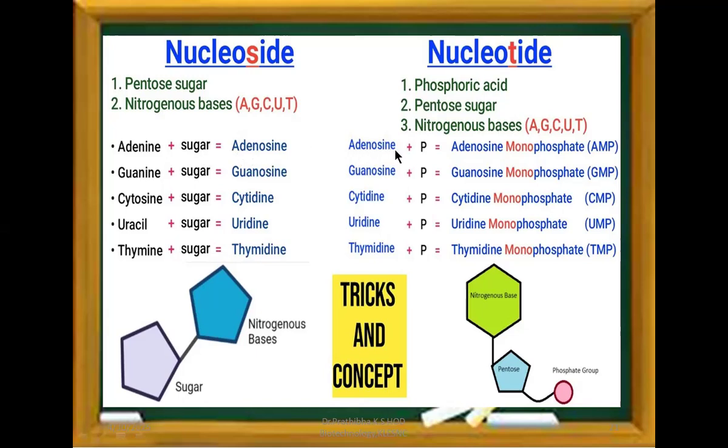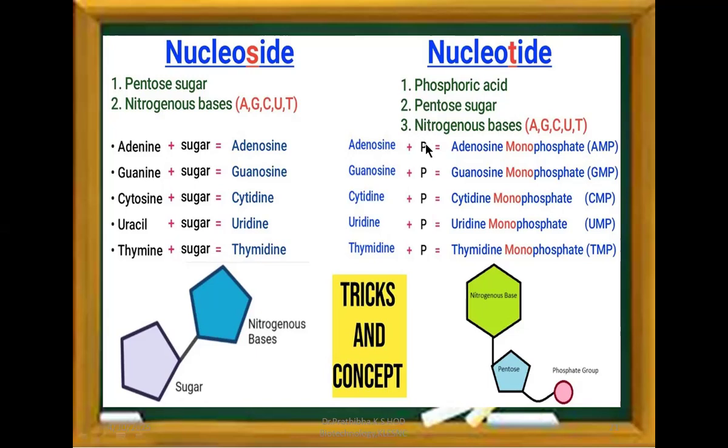Together we say adenosine. What is adenosine? Nitrogenous base plus the pentose. So when this adenosine comes in contact with the phosphate group through esterification, we say that it is a nucleotide. Adenosine plus a phosphate molecule is adenosine monophosphate.